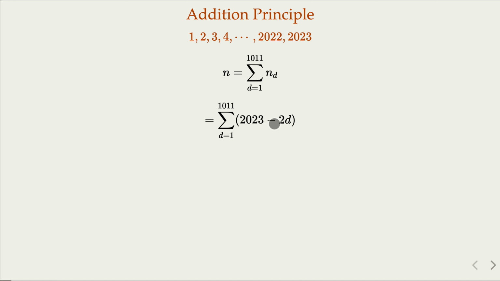There is a constant term, and the other part is a trace of that. So the summation comes down to 1011 terms times 2022 for the constant term, and the second part is 1011 squared. So that's the final answer.